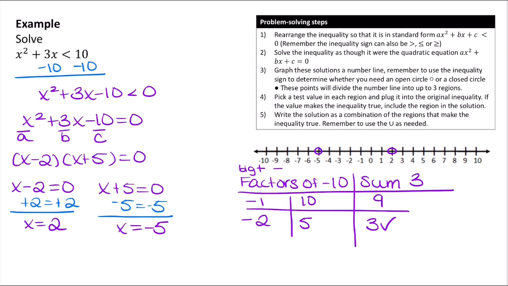Okay, and so I'm going to pick, let's see, -7. Here, I'm going to pick 0, and then here I'm going to pick 5, okay? And then I'm going to take that original inequality, I'm just going to write it up here so that we remember, x squared plus 3x is less than 10, and I'm going to plug in each of those test values. So my first value that I picked was x equals -7.